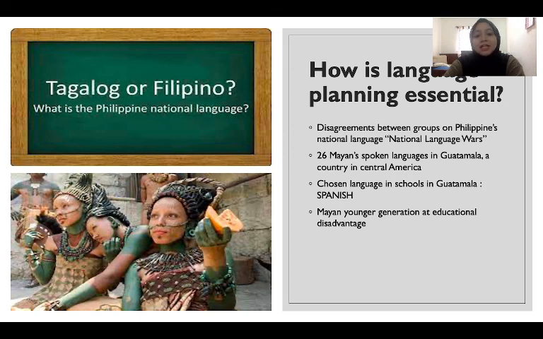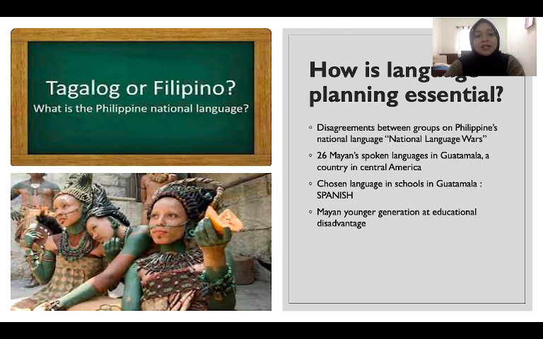However, the Ministry of Education has decided that in early education, like in preschool and primary school, they have chosen Spanish as the main language in schools in Guatemala.